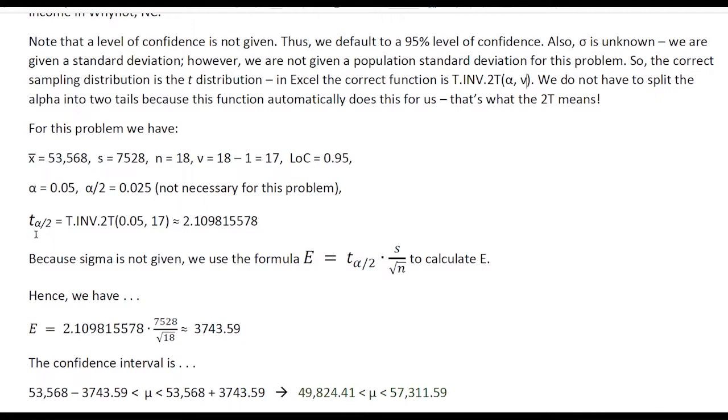And then t sub alpha over 2 is equal to T.INV.2T of whatever my alpha is, comma, whatever nu is, which was 17, and that's approximately equal to 2.1098155578.